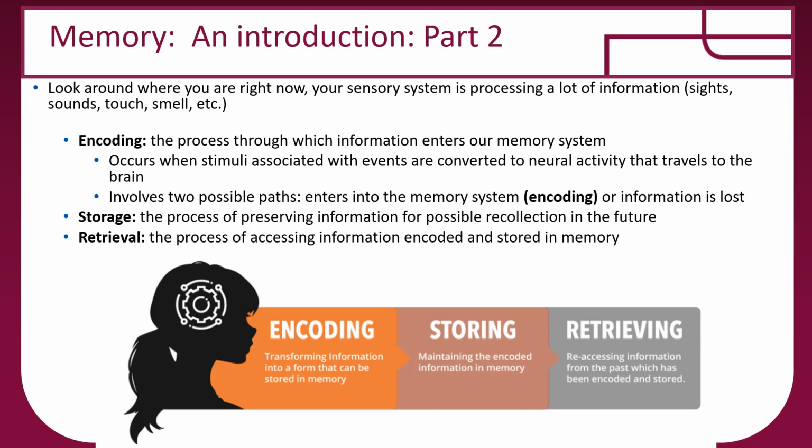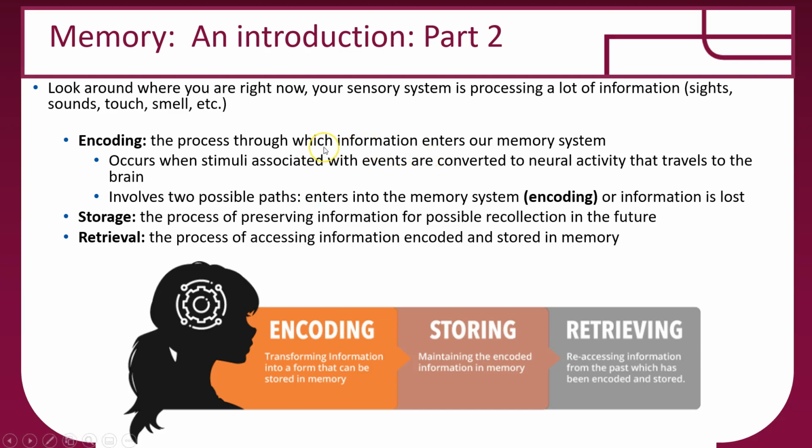All right, so memory. If you look around you, wherever you are right now, your sensory system is processing a lot of information. There's visual information, sound, touch, smell, etc. And so going through this process of encoding, storing, retrieving, encoding is the process through which information enters our memory system.